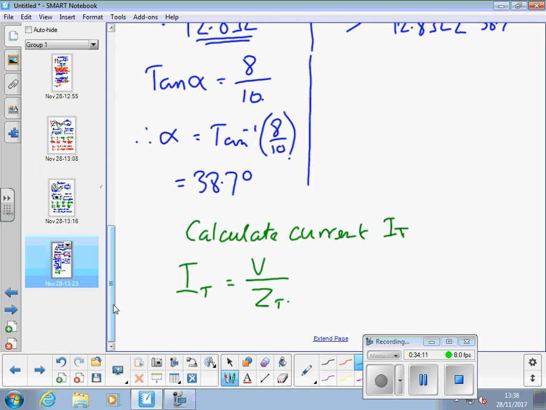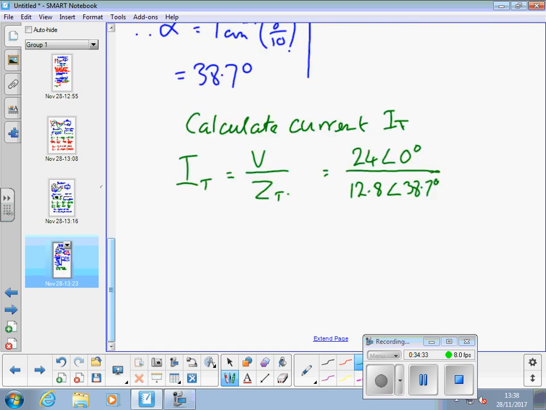Yeah. 24 angle 0 degrees divided by 12.8 angle 38.7 degrees. How do we do polar division? Yeah, you divide 24 by 12.8 and you do 0 minus 38.7.